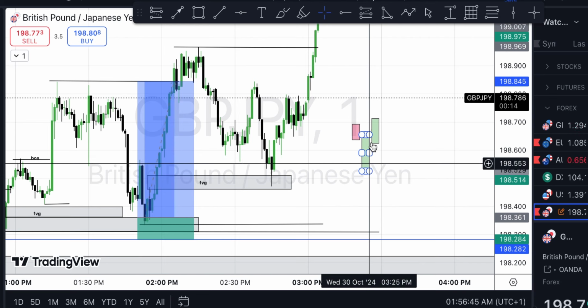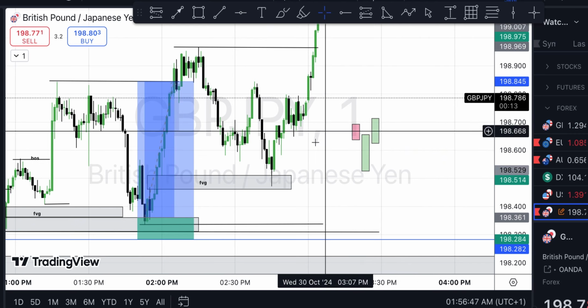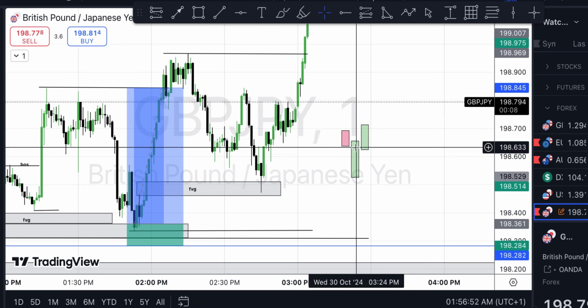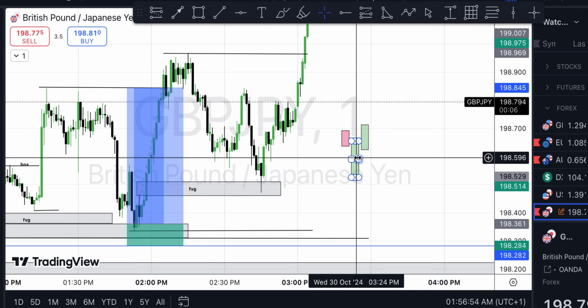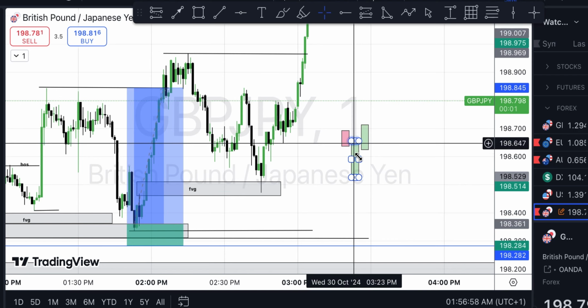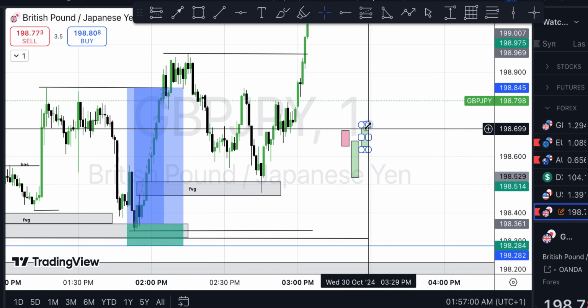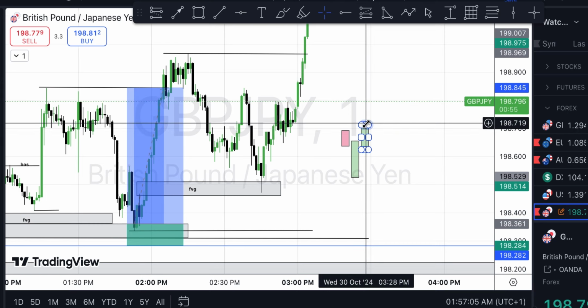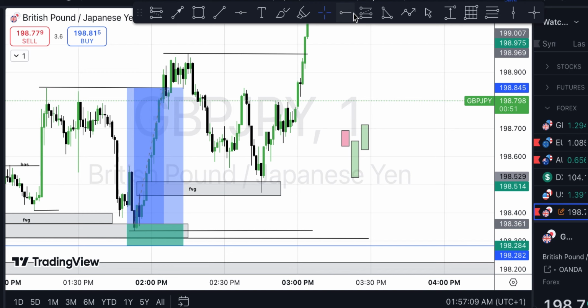This can be green also, depends. So you are going to be looking for this kind of candle formation. 1, 2, 3. This long one here is a wick. This is like a liquidity sweep. It's sweeping out this low here, and then this candle here, this is going to be our entry point.